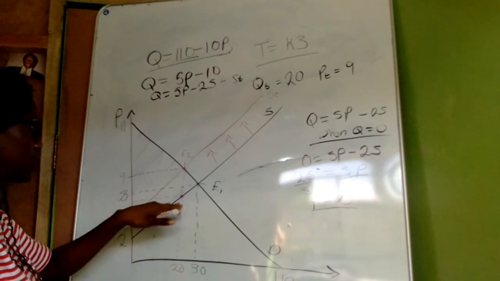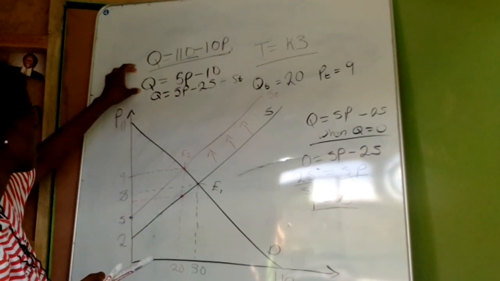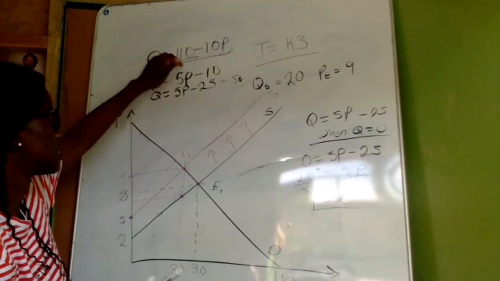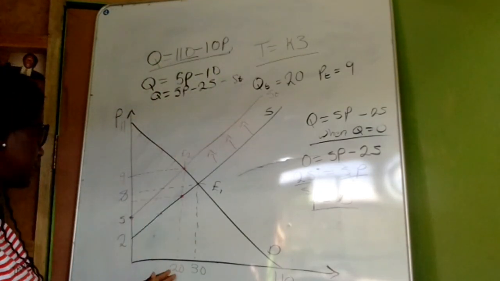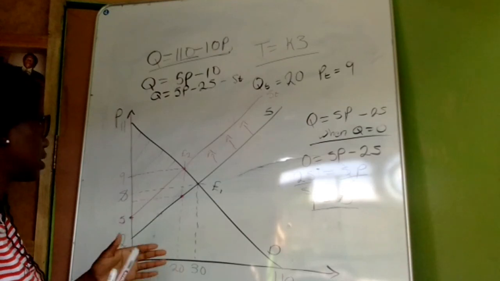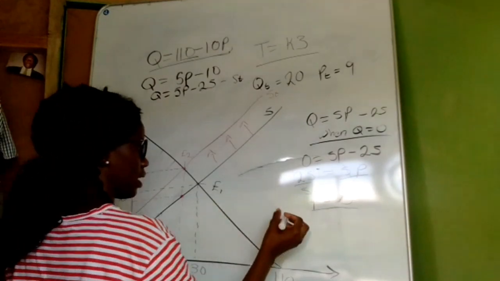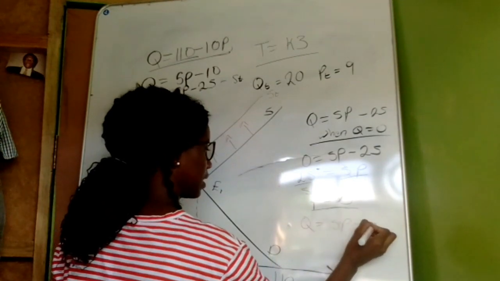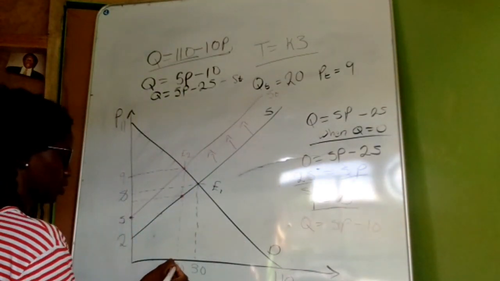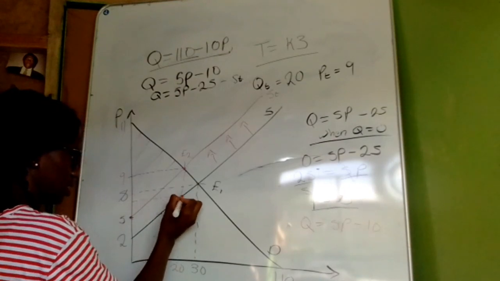So to find this point, we get our original supply equation, which is this one. Q is equal to 5P minus 10. And we replace Q as 20. So Q is 20 because that's where the 20 is meeting this curve.